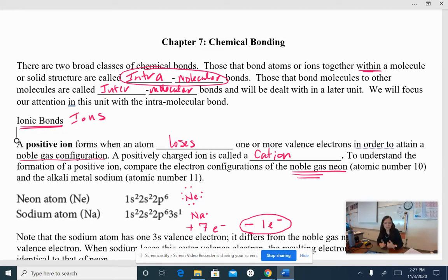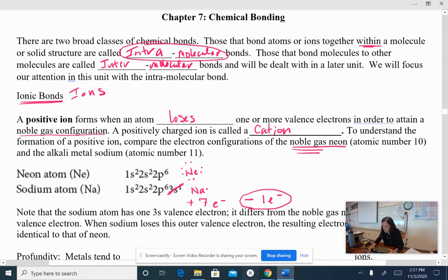So the 1 electron that we're going to lose, of course, is going to be the valence electron. If I lose that valence electron, that 3s1 electron, sodium now has a +1 charge because it has 1 more proton than it has electrons. But notice the electrons I am left with are the same as neon. So I have acquired a noble gas configuration by losing that valence electron.